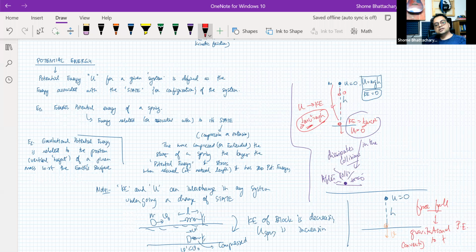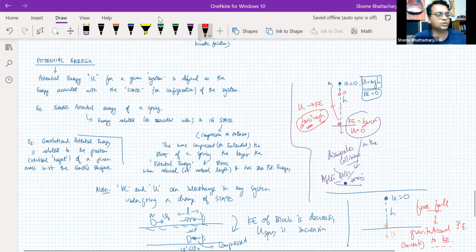Like this, in various types of systems, you'll see that there's always an interchange between kinetic and potential energy when the system is undergoing a change of configuration. Now that can happen both ways. The kinetic energy can be decreasing and converting into potential energy, like in the case of the block hitting against the spring and compressing it more and more. Or it can be the reverse, like in the case of an object in free fall, the potential energy is decreasing and that is increasing the kinetic energy of the block.